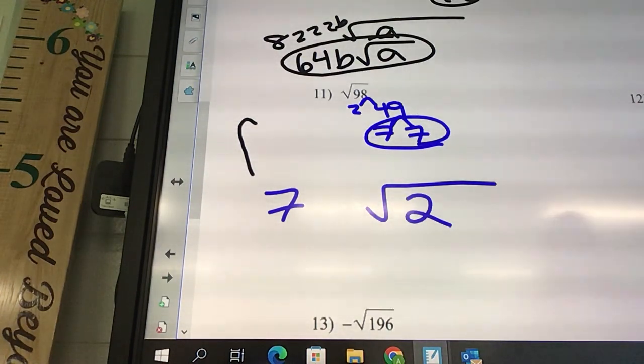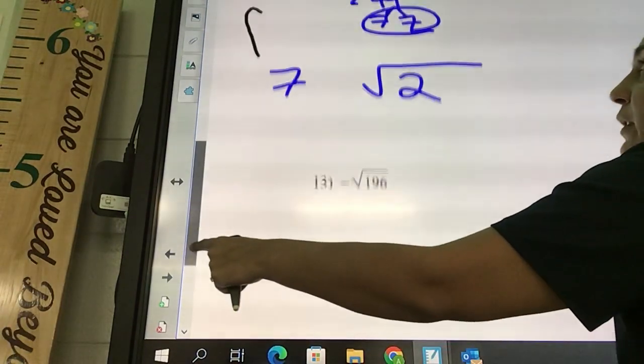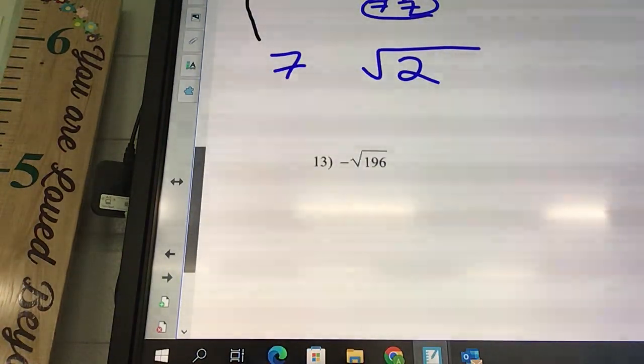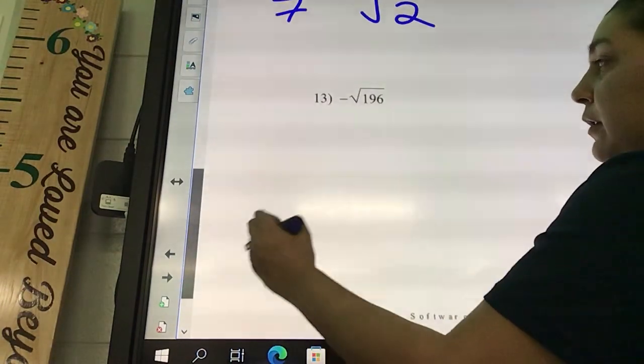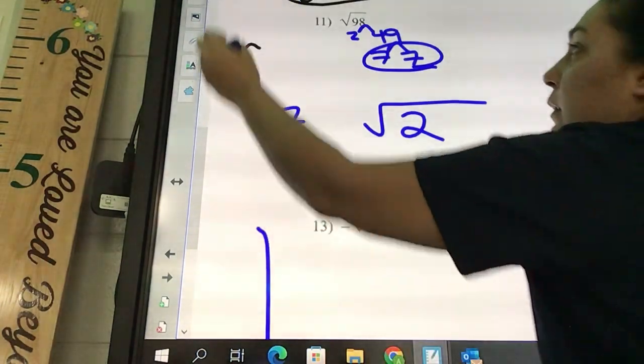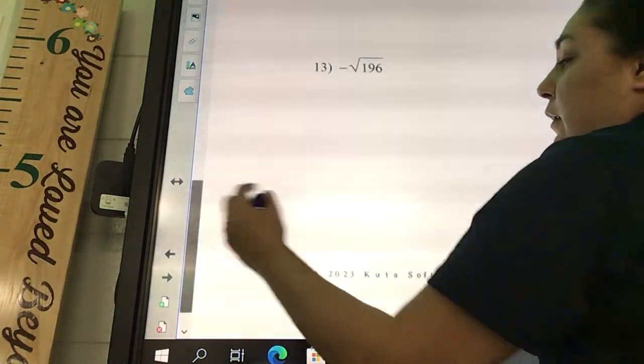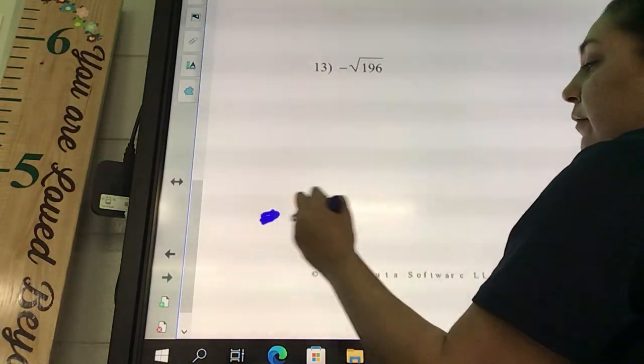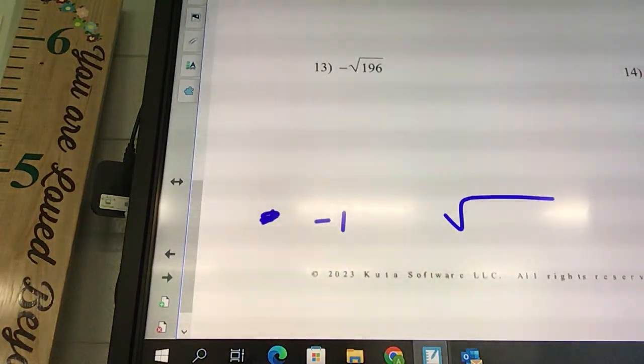Okay, 13. What's the very first thing we should do? Drop that -1 and that radical. Okay, so we got negative 1 square root.